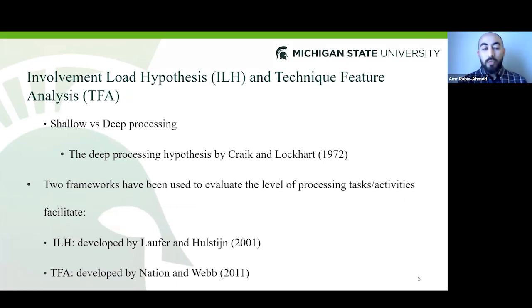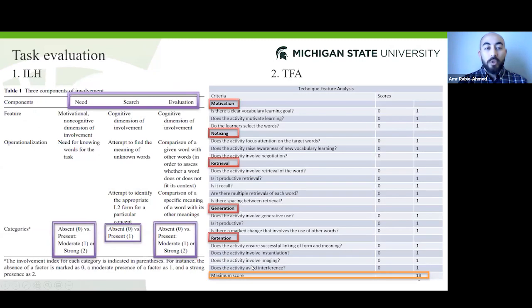From this, two frameworks were developed. One was the involvement load hypothesis by Laufer and Hulstijn in 2001, and the technique feature analysis by Nation and Webb in 2011. The ILH for short consists of three main components: need, search, and evaluation.